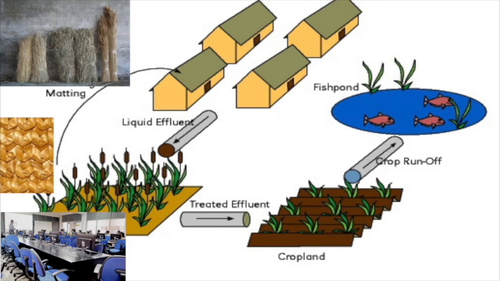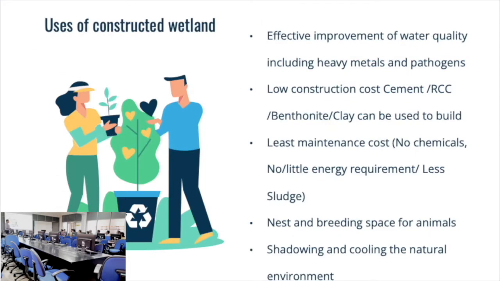And the basic uses or advantages of the wetland system: it improves the water quality, including heavy metals and pathogens. Pathogens in the sense of bacteria. It has a low construction cost, with cement or concrete, and we can use bentonite, a special kind of soil, or otherwise clay can be used for the two layers.